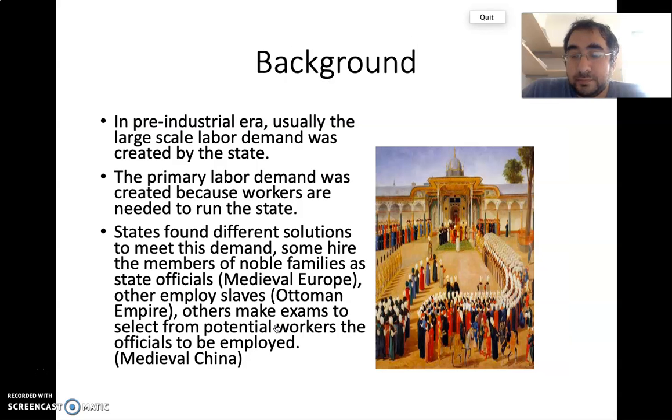Now, let's start with the background information. Labor demand is something we might think always exists, but it might also be strange when you look from the historical perspective.